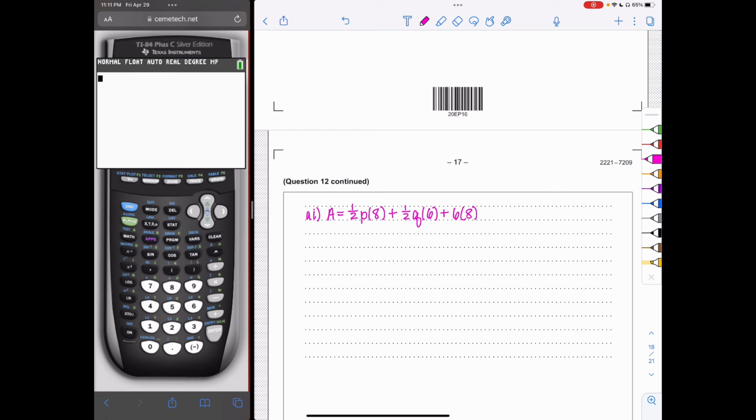That would have given us A is equal to 4P plus 3Q plus 48.